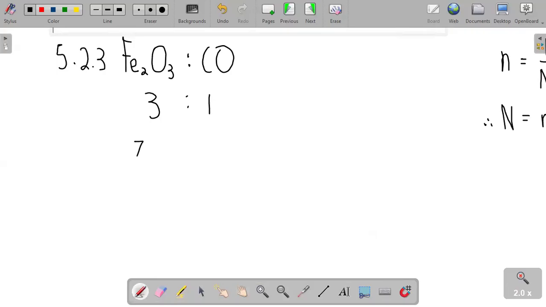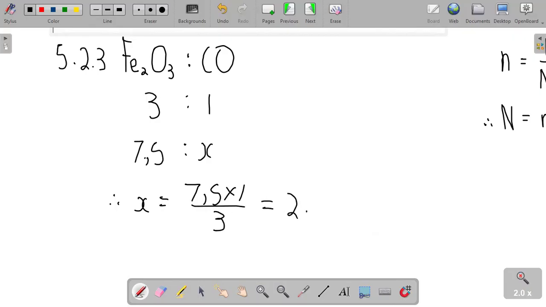We found it to be 7.5. So then we cross multiply, 7.5 multiplied by 1 over 3. This is going to be 2.5 mole. So this is the number of moles that for carbon monoxide will be formed.